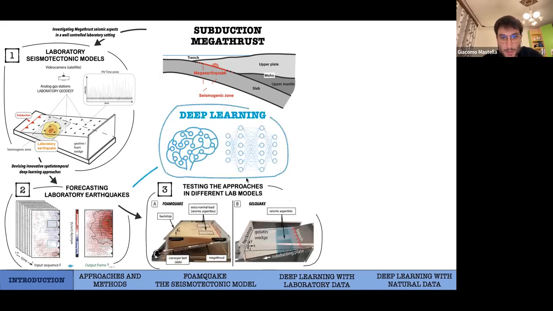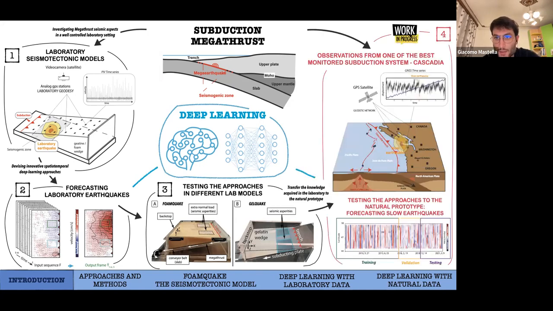Then I'm going to talk about some deep learning applications that we apply to laboratory data in order to forecast laboratory earthquakes. And last but not least, I'm gonna talk about what I'm doing right now and what I would like to do during the next year about the application of the deep learning techniques we applied in the laboratory to real data from natural subduction zones.